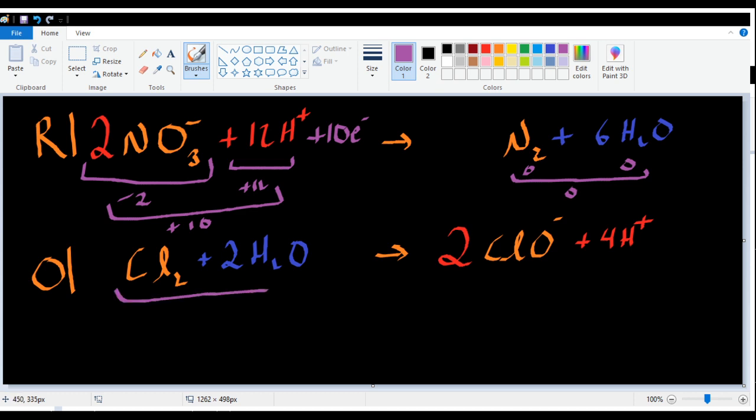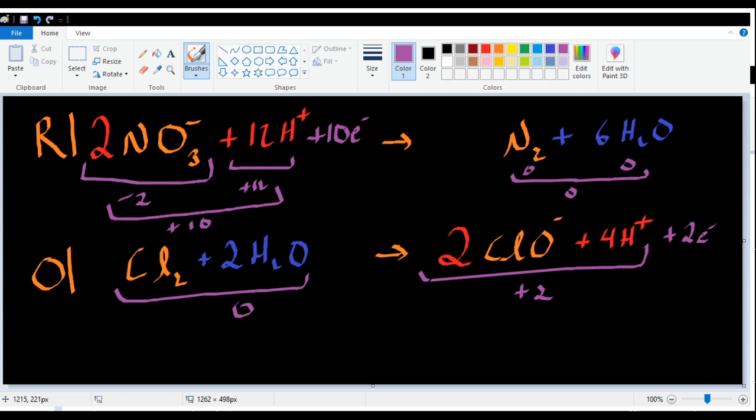And then 0 on the left versus positive 2 on the right. We need 2 electrons down here.